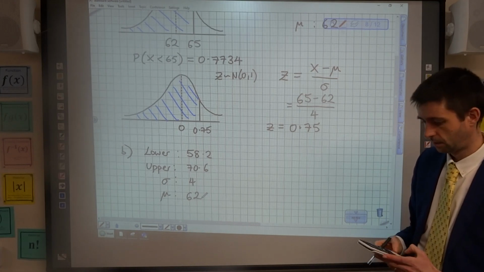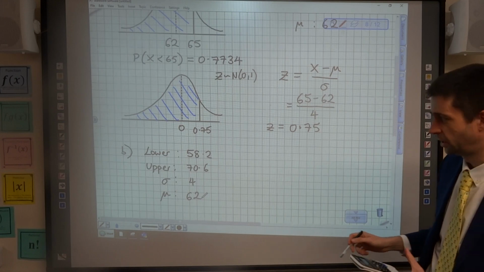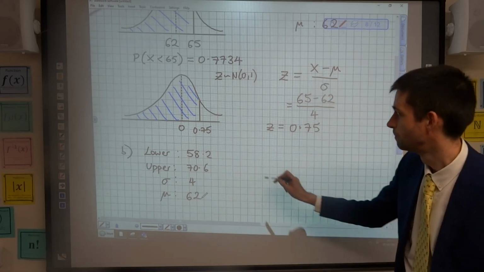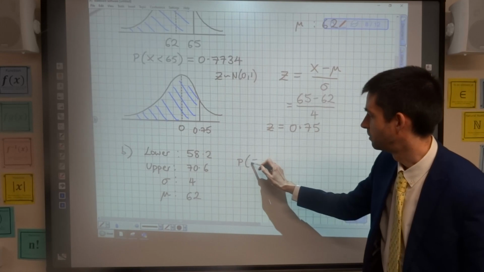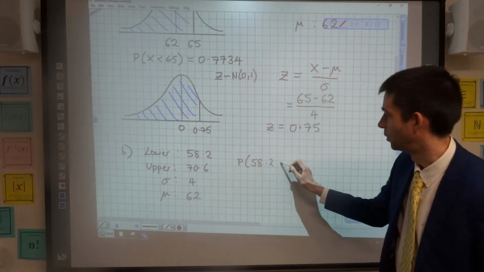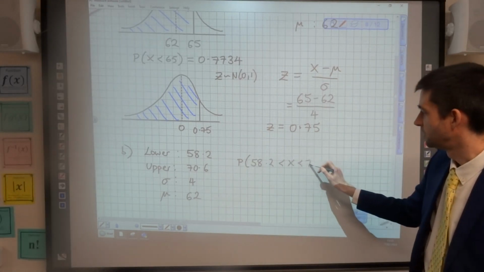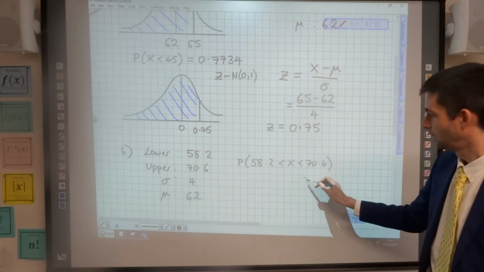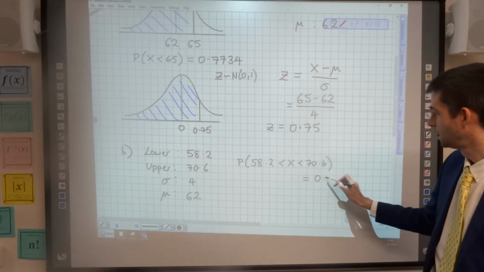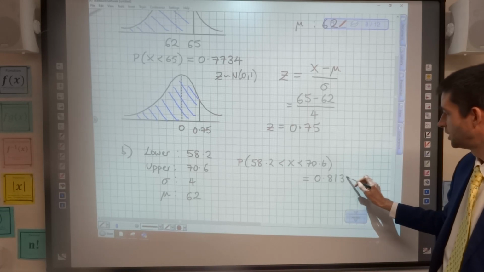So that comes out as 0.8132. So the probability of x being between 58.2 and 70.6 is 0.8132.